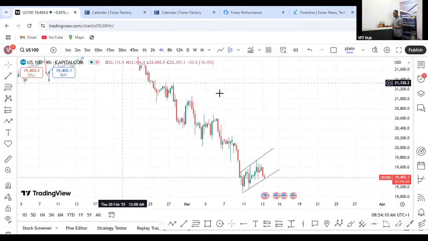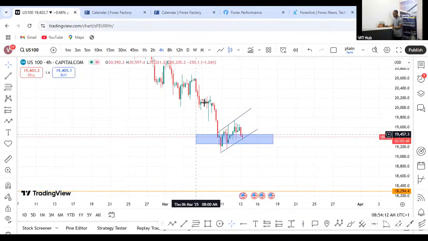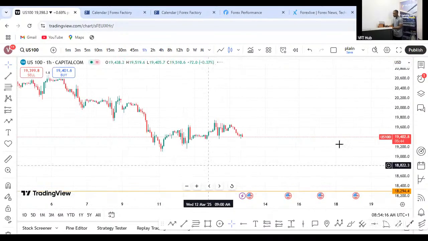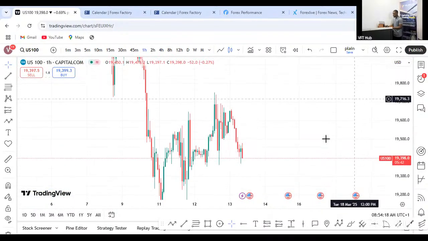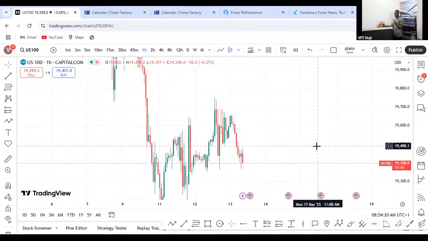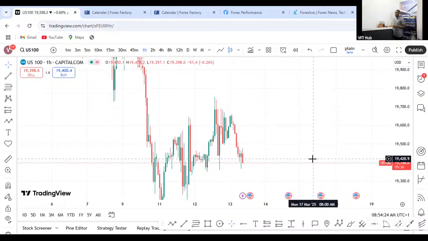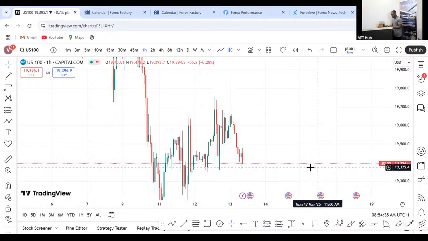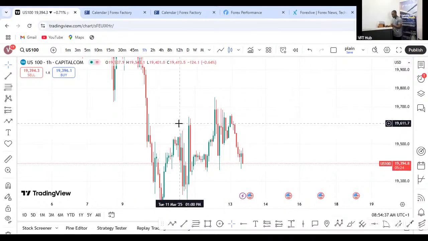All right, that being said, which opportunity will I be looking out for today on US 100? In the 1-hour time frame, you have kind of a box pattern there, but this one is not clear enough. It hasn't given us that signature break of the previous higher high and sweep of the recent higher low. We've not seen that happening.